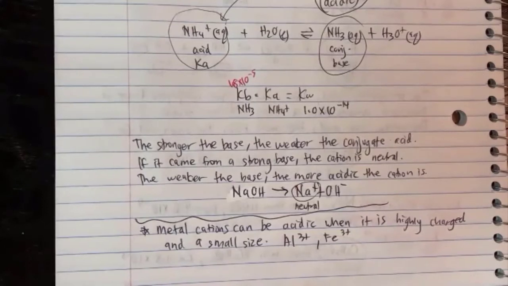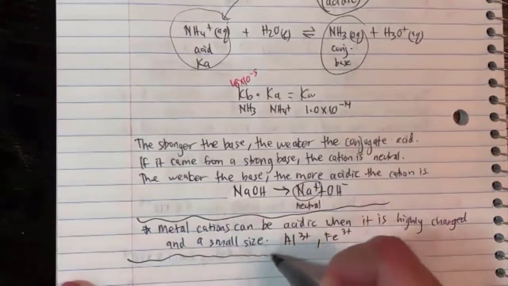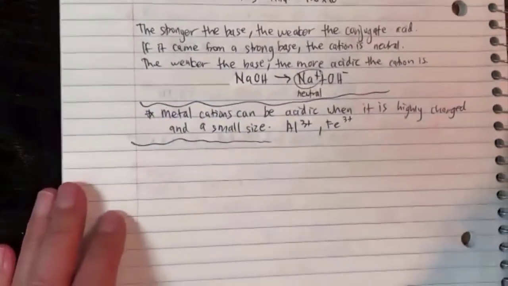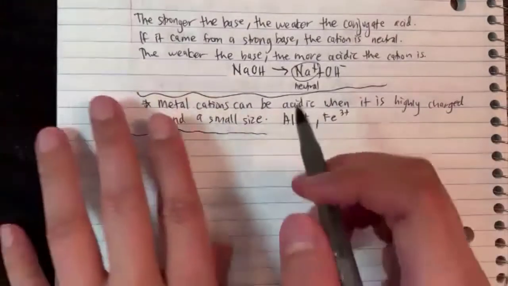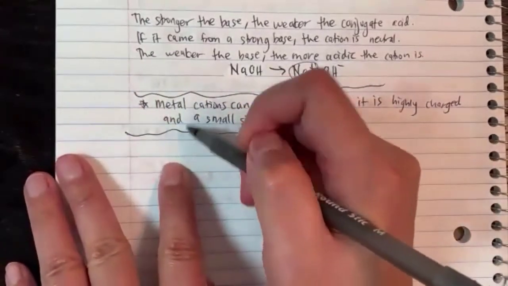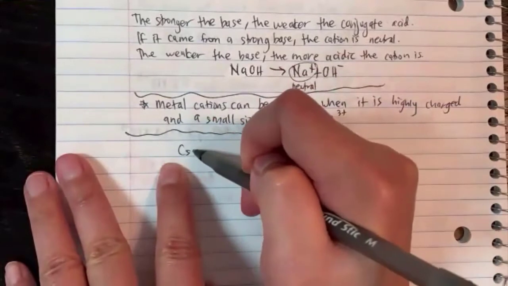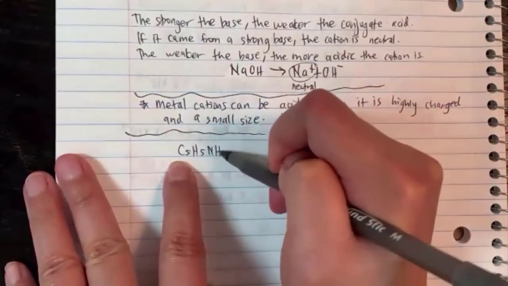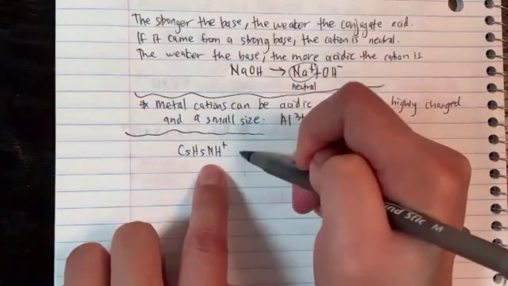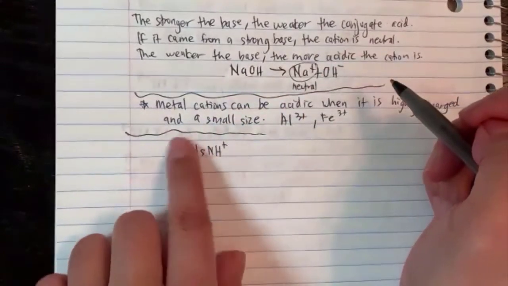So let's go through a list of a few examples and decide if it's an acidic ion or if it's neutral, okay? Here's one. I have this ion here, C5H5NH positive.